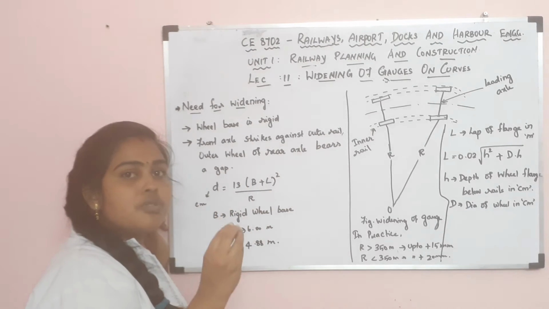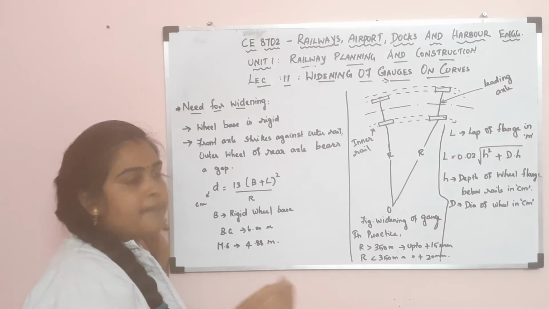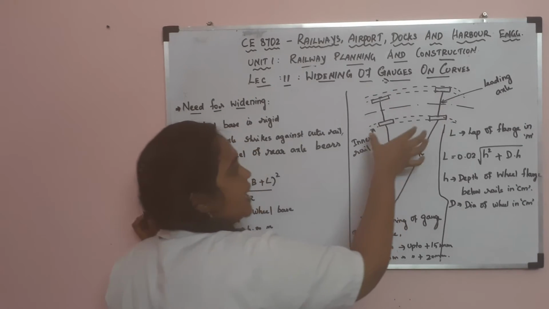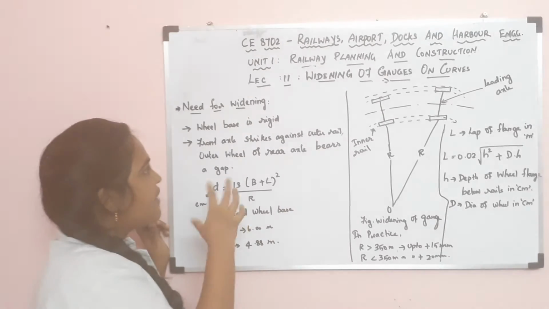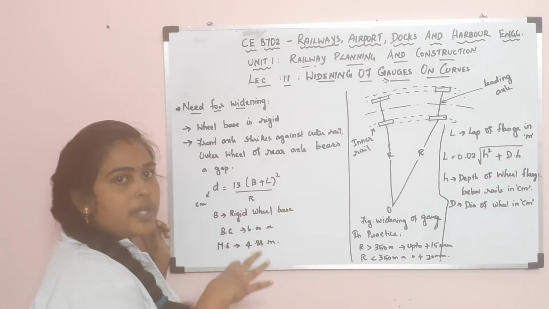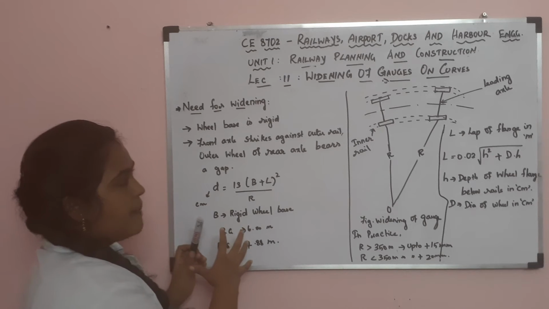So this is overcome by using the coning of wheels. By using the coning of wheels, the greater circumference is covered by the outer wheels than the inner rails. So this is the effect of widening. So the widening effect is overcome by using the coning of wheels. So this is all about widening of gauges.